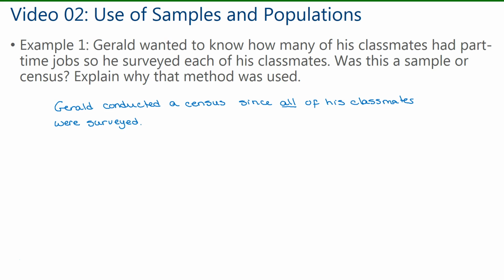Now, why did Gerald conduct a census as opposed to a sample? Well, a census should always be conducted, as it is a true measure of the population, except in the case where time or cost is an issue. Now, since Gerald has a limited number of classmates, then these aren't a factor here. So that's why he conducted a census. So we'll write a census was conducted because there were not many classmates.